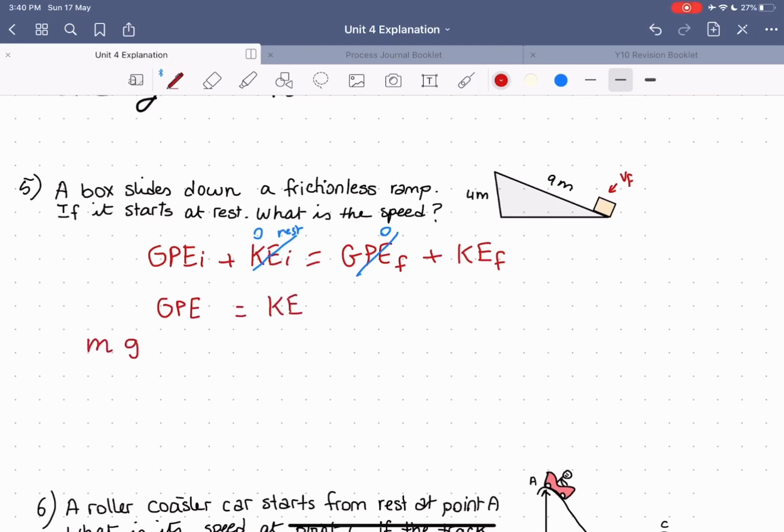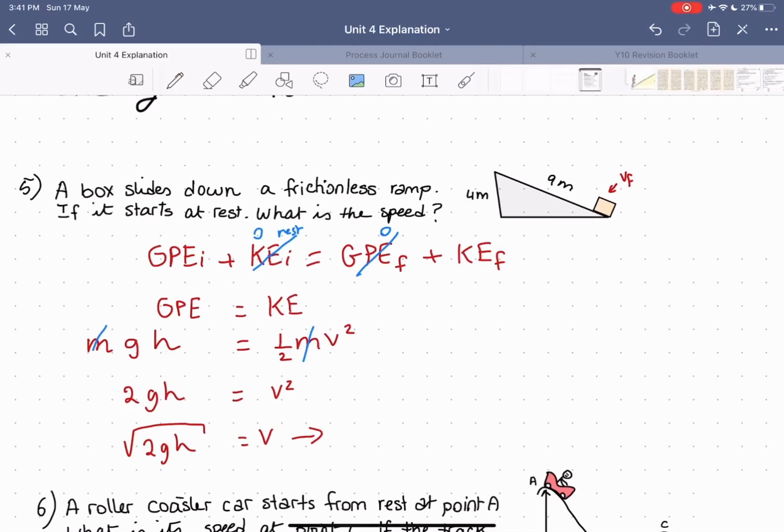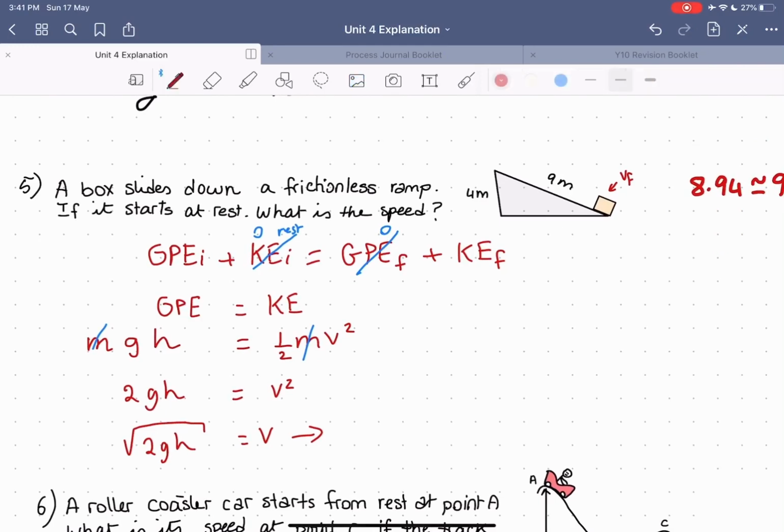Initially the box had stored energy mgh, and then it became half mass velocity squared. We can get rid of the mass on both sides. So we will get 2gh is equal to the velocity squared. So the square root of 2gh is the velocity, and so the answer is 8.94, which is around 9 meters per second.